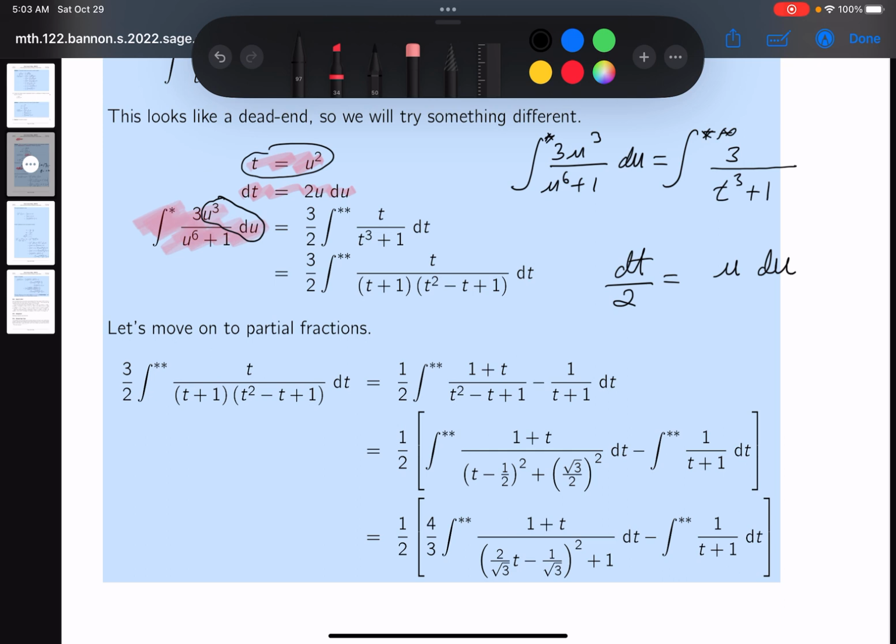So I'm going to multiply both sides by u squared. Make it u cubed, right? So I got my u cubed du, but I want to get that u squared now. And what's a u squared? Oh, it's just t. So this is going to be t over 2 dt. I think I can write that in. So I put the 2 over here, a half, and then I get a t dt.